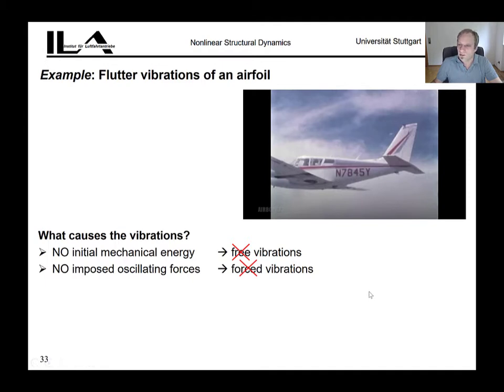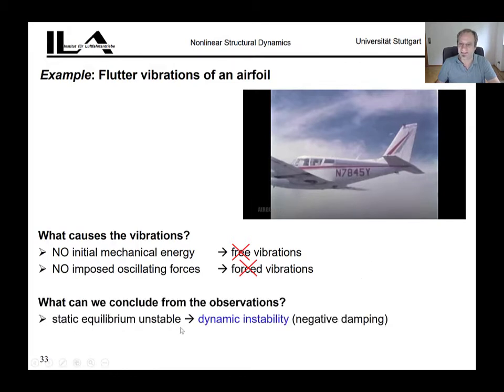So what we can say is that in the absence of this, what we would expect is that we see this static equilibrium, right? There are some static forces, gravity, some aerodynamic lift force. This should lead to a certain static deflection, and this should be constant, but it isn't. So we have an unstable static equilibrium.